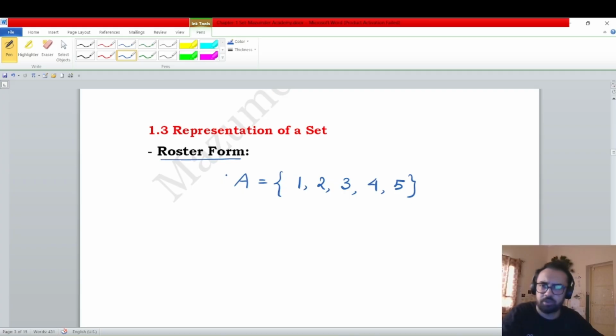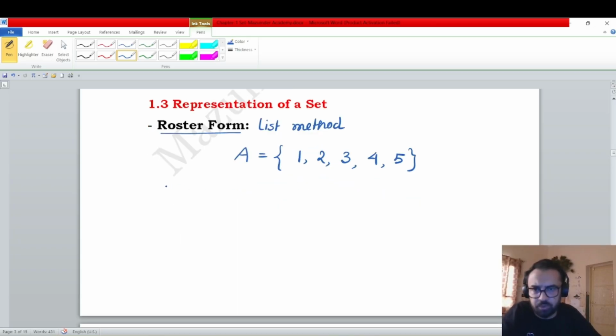So this is the set representation in terms of roster form, or it is also called list method, because all the elements are listed within the curly braces. That's why it is called list method or roster form.